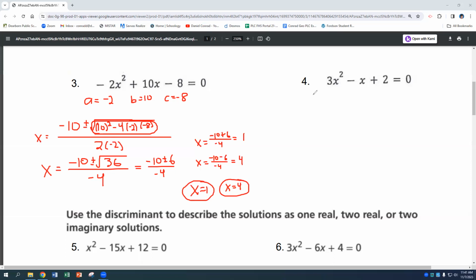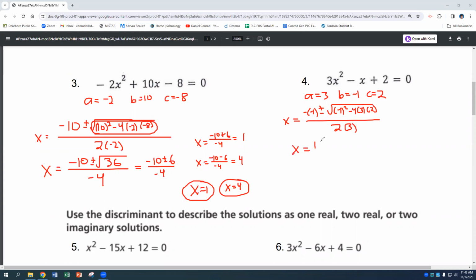All right, and then the last one here, A is going to be 3, B is going to be -1, and C is going to be 2. So we're going to get x equals the opposite of -1, plus or minus the square root of -1 squared minus 4 times 3 times 2, all over 2 times A, so 2 times 3.